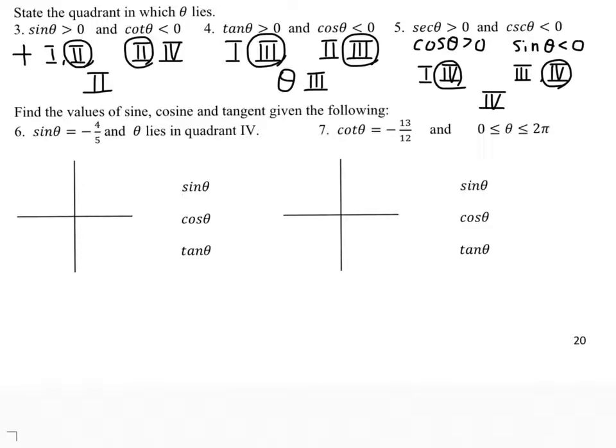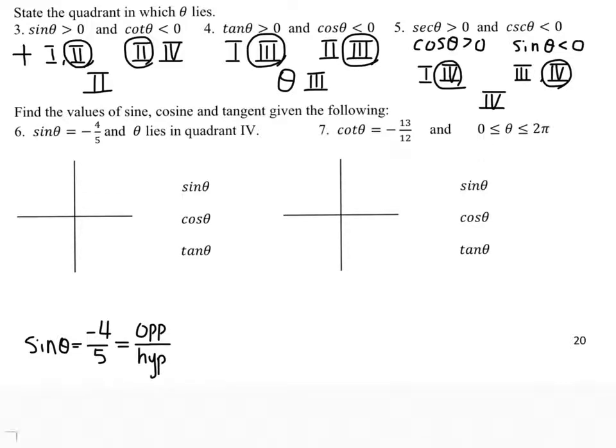Number 6. Find the values of sine, cosine, and tangent given the following. So first you are given sine theta equals negative 4 over 5. If you know sine theta equals negative 4 over 5, can you make that opposite over hypotenuse?